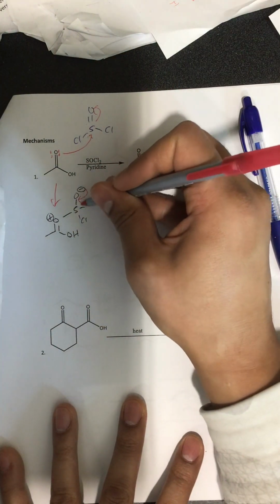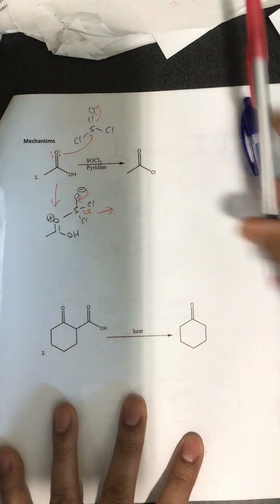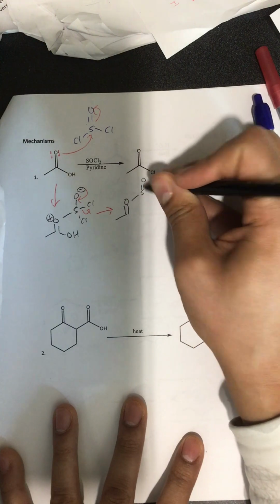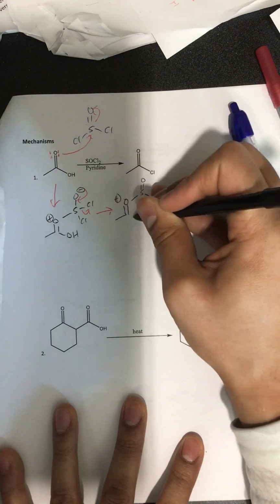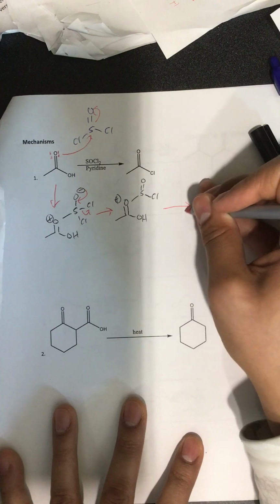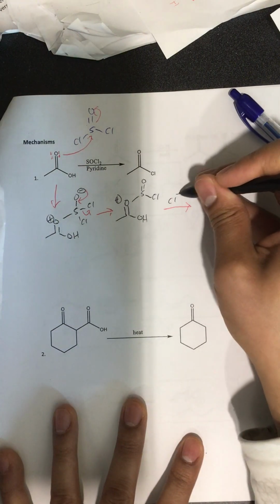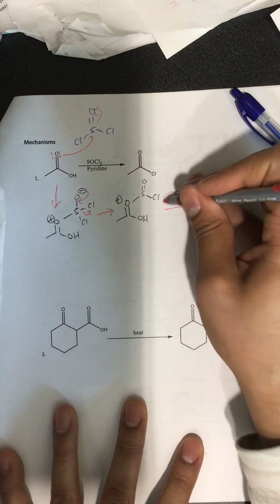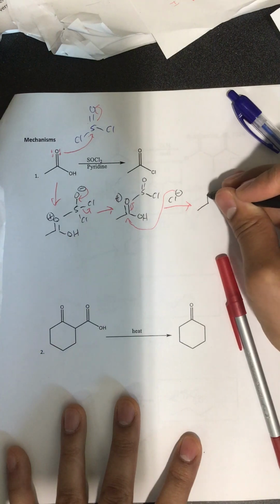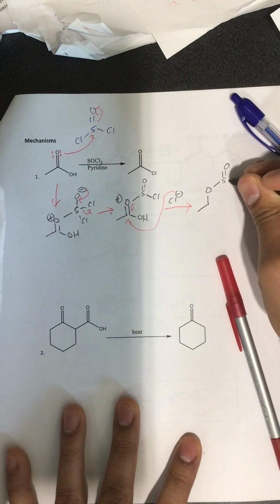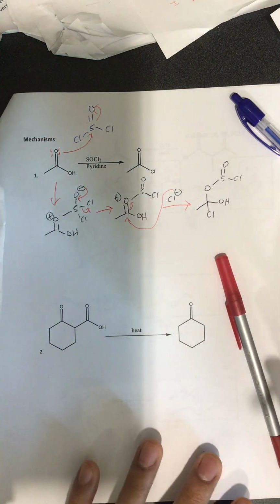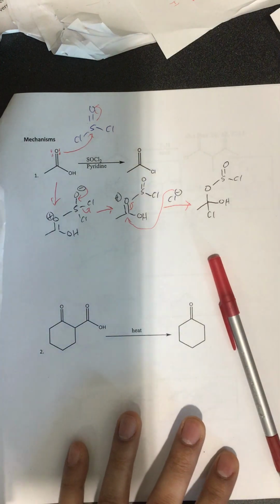Then have this come back down, kick off the chloride. Then we can come to the next step, this chloride, and come back, attack the carbonyl. Right, now we have a neutral intermediate. This is our tetrahedral intermediate.